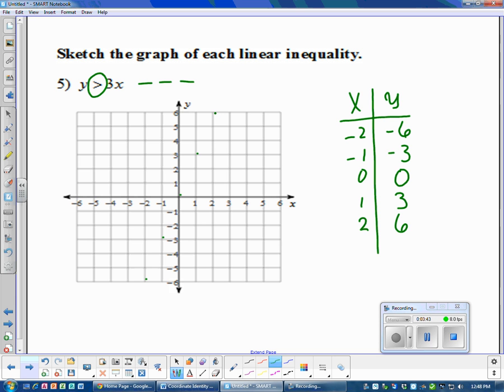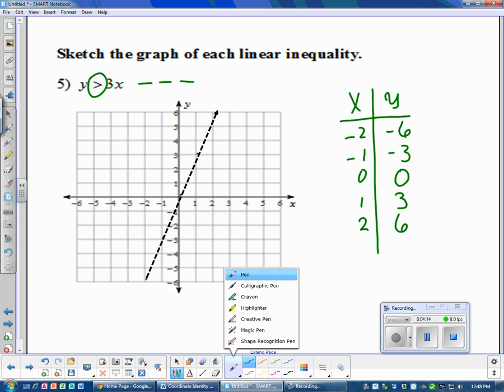So through these points, I would draw my dotted line. So I go from here through here. My dotted line is there, ladies and gentlemen. Then I can go ahead and shade. And because it says y is greater, and according to the notes that we gave y'all yesterday, y is greater, then that means we shade above.